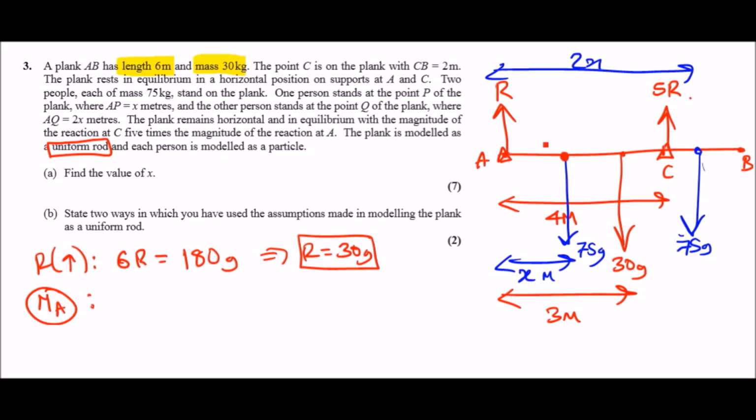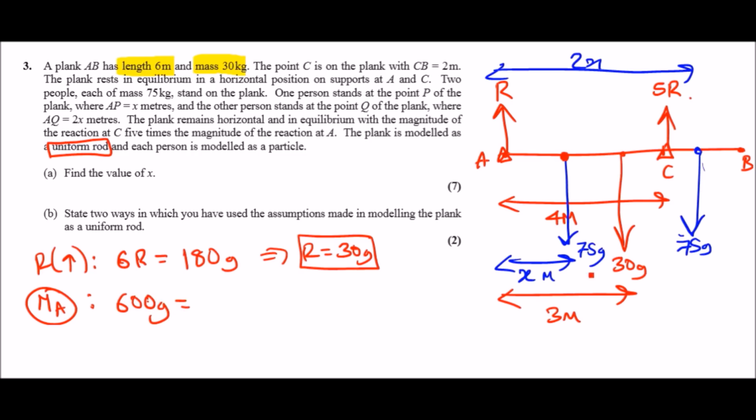Now let's do this. First things first, going to 5R, what is it? It's going to be 4 meters across, so 4 times 5R will give us 20R, and well, R is 30 g, so 20 times 30 is 600, so it'll be 600 g.